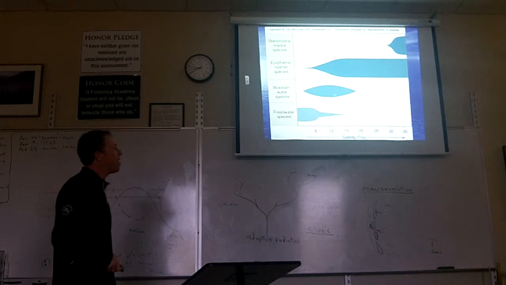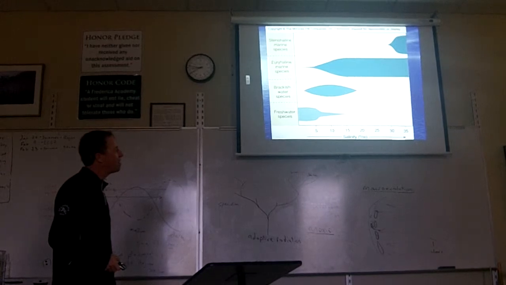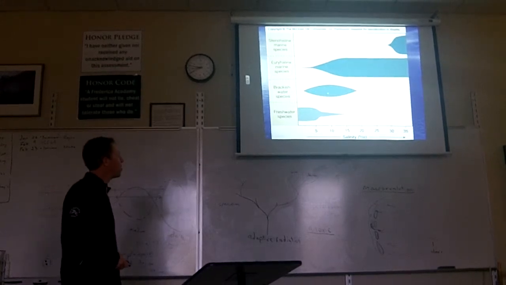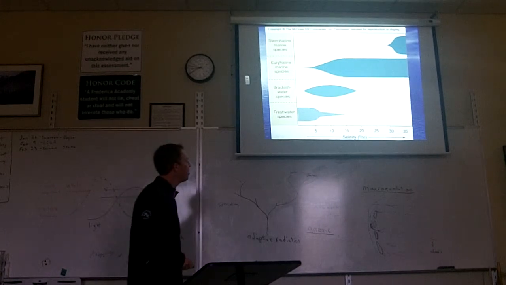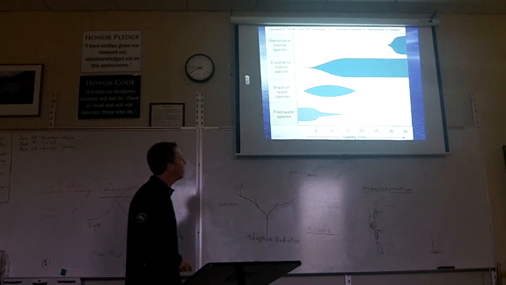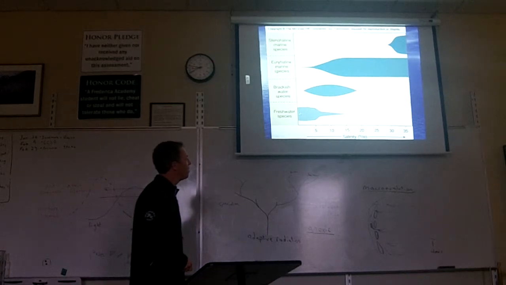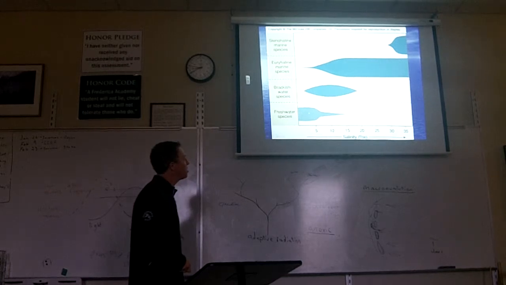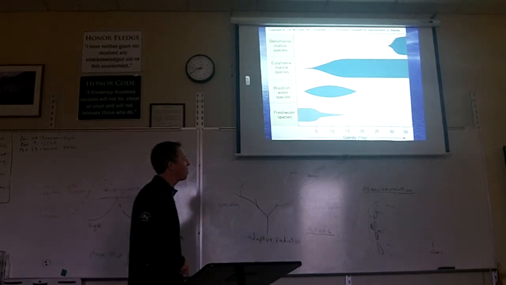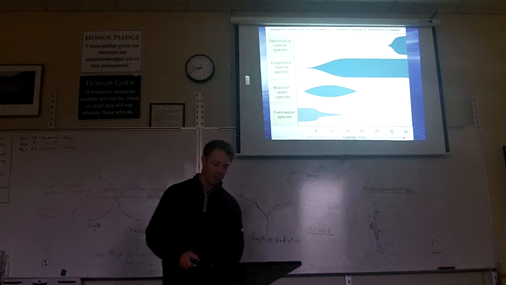Some species can only tolerate brackish water. They can't go all the way out into the ocean. Brackish water species do well between fresh water and 15 or 20 parts per thousand. And then some species can't tolerate salt very well at all. So a freshwater species, you won't find many of them at more than 5 parts per thousand salt.